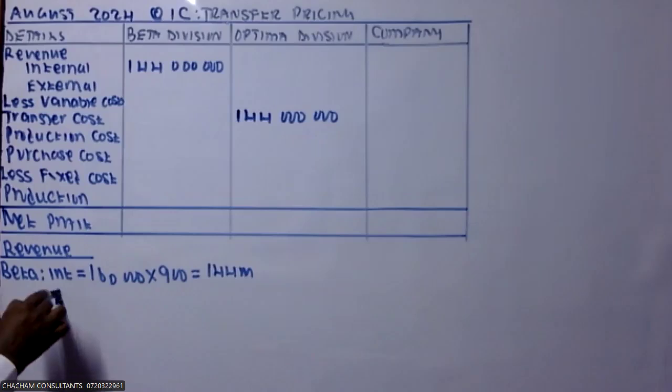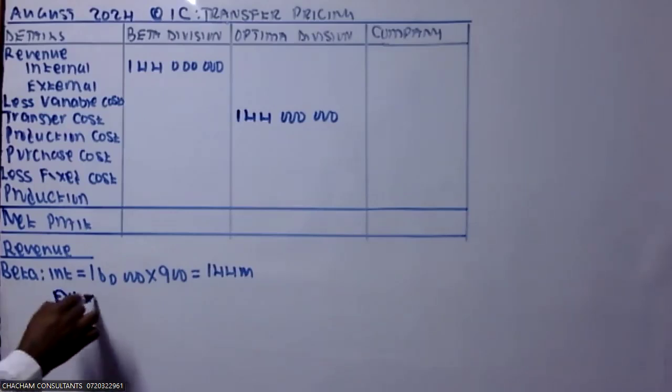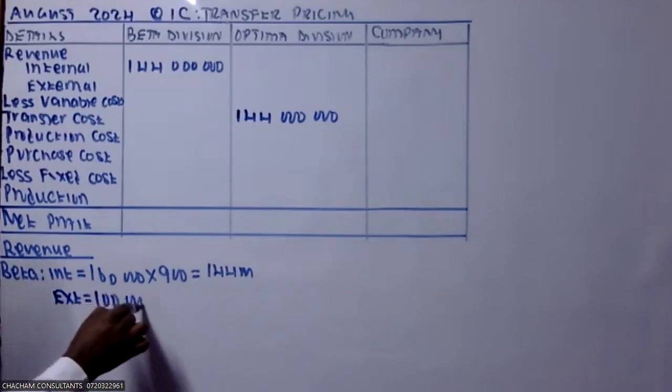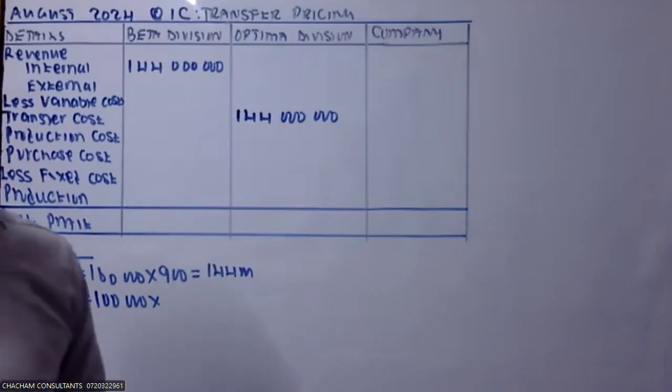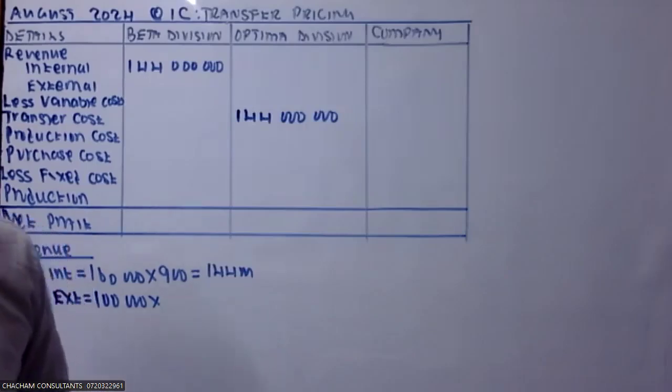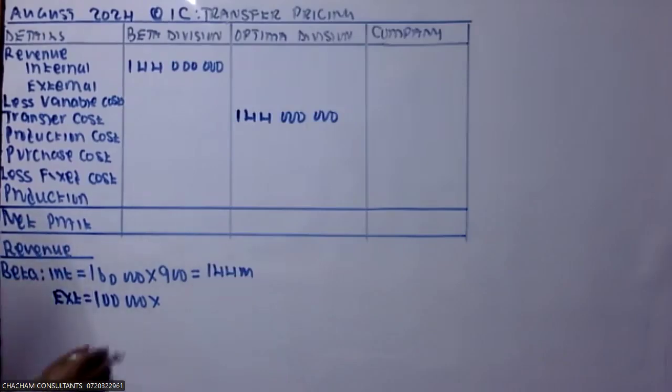Then for the external, they are going to sell the balance of 100,000, as the question had said, and the units are being sold at 1,500 each.